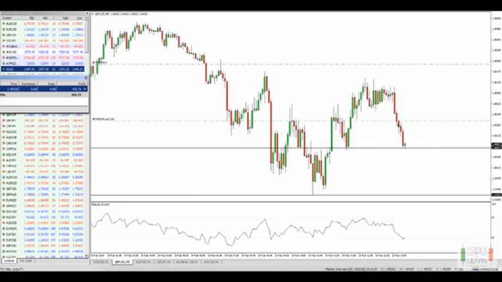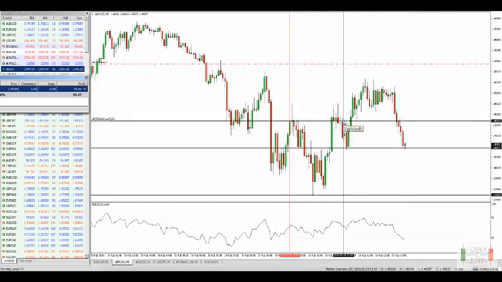We've just seen a continuation here to the downside, and I know this isn't a lot in terms of points, but you've got to put into context what the London session has done for the entire day so far today. So if we just line up London here, you can see from a price perspective where we opened, so our entry is actually around the London Open, believe it or not.